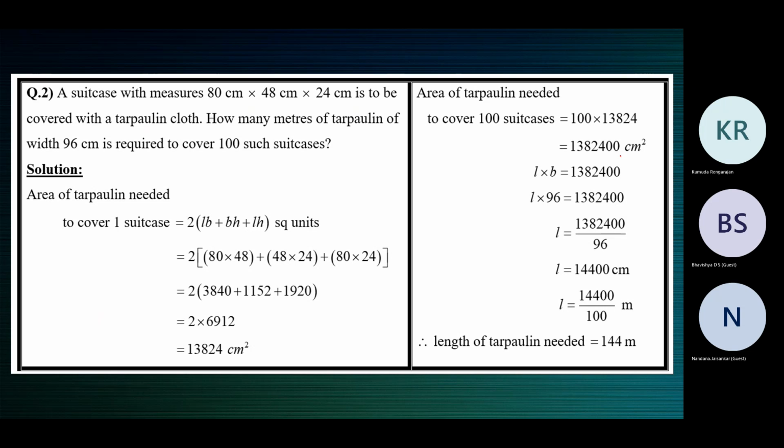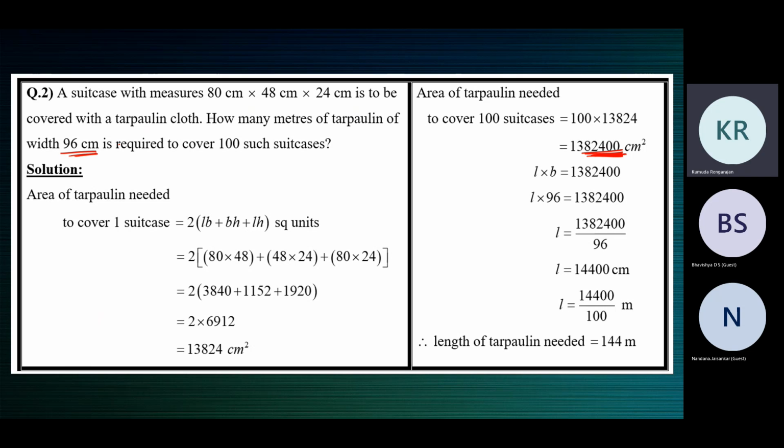Now, this is the total area of tarpaulin required. But tarpaulin sold in the market will be available in rectangular form, and to the shopkeeper, you only have to suggest the length. The breadth is fixed, and that is given, 96 centimeters.